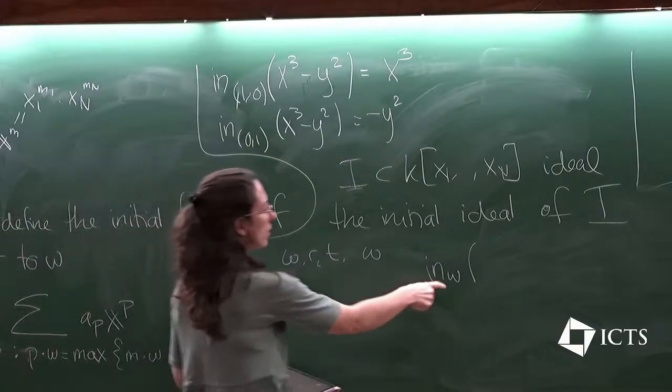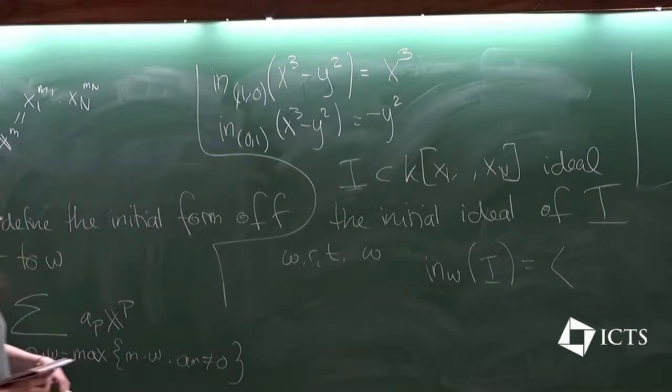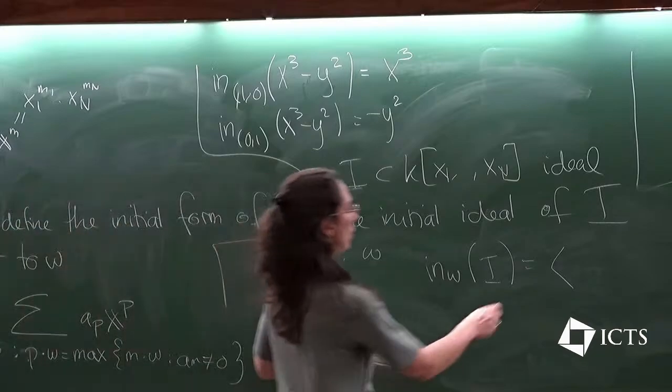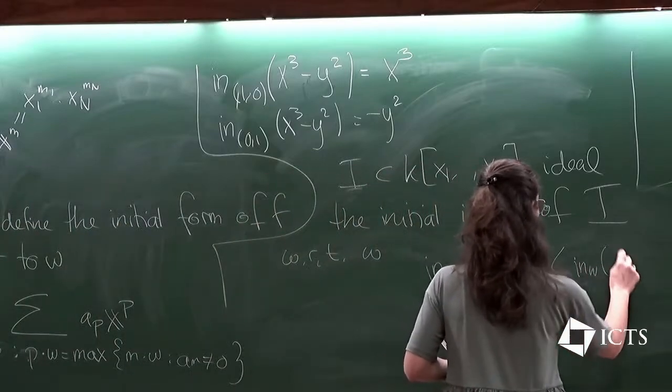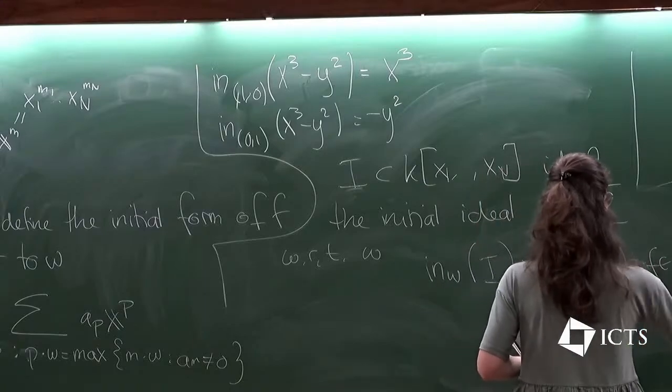So in_w of I is the ideal generated by all initial forms of all elements of the ideal.